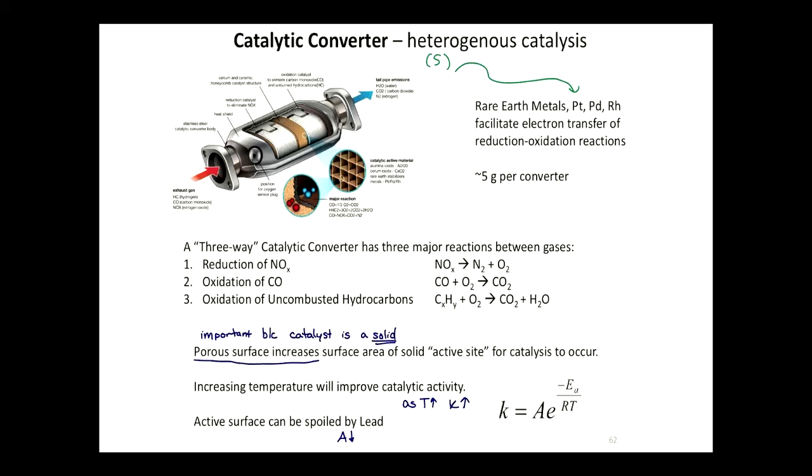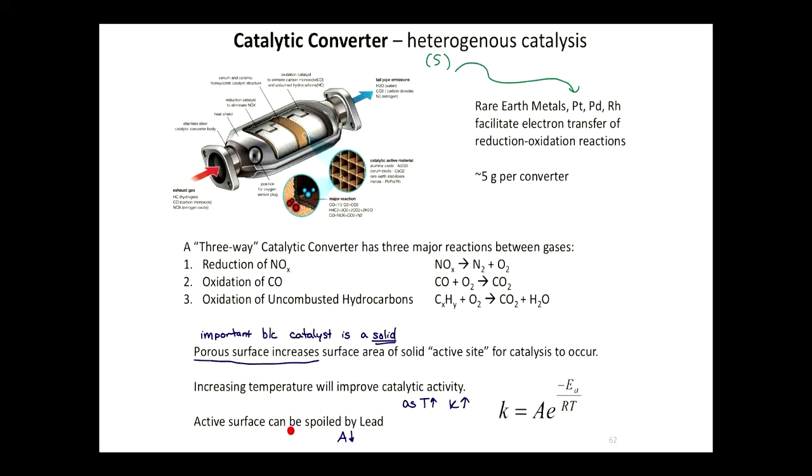Before you start your car on a cold winter day, oftentimes they say, let it warm up a little bit. That warming up has an effect on how effective your catalyst is in converting those noxious fumes. You want to get up to temperature before the catalytic activity happens. So, temperature increases, k increases.